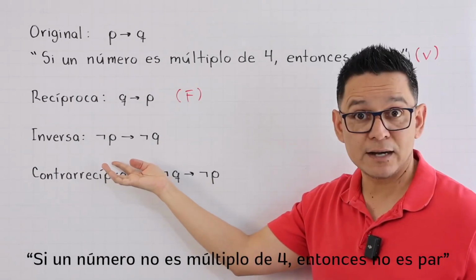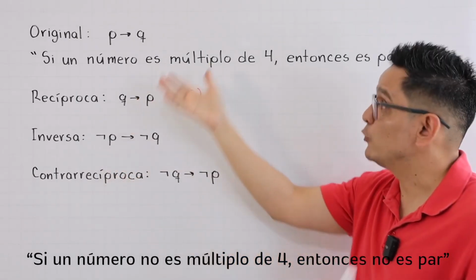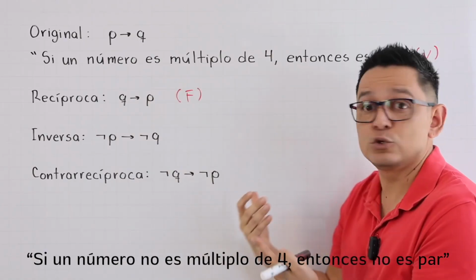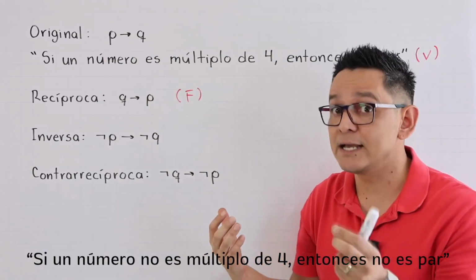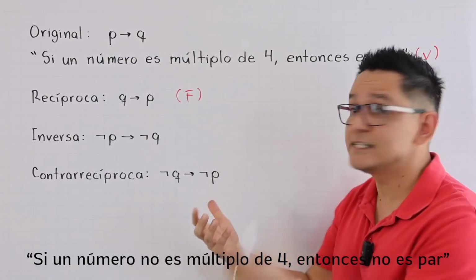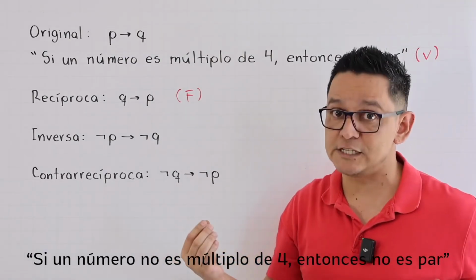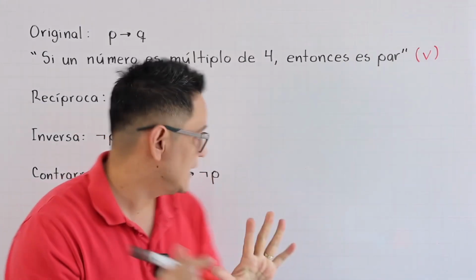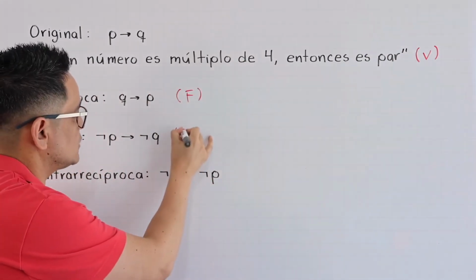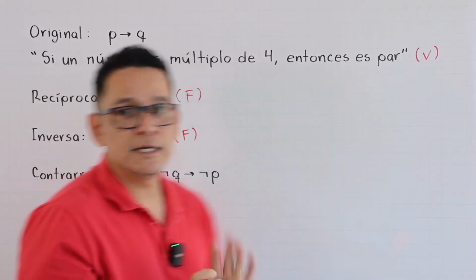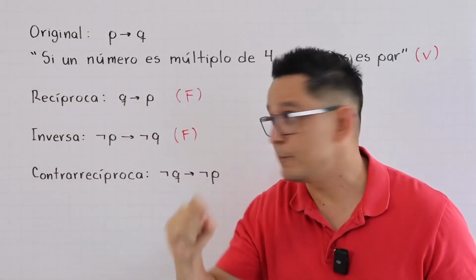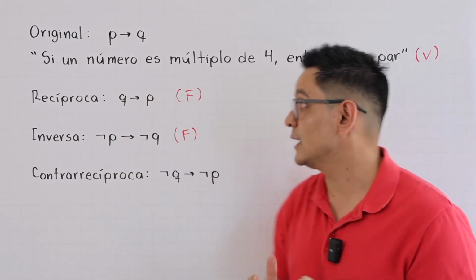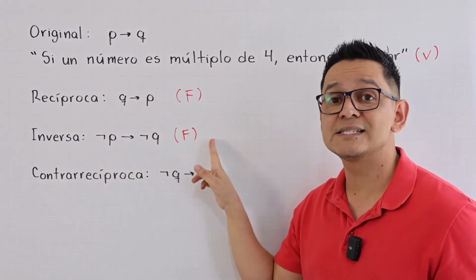Yes, it is even. And here it says that if a number is not a multiple of 4, then it is not even. So this proposition is going to be false, and the example is 10, because 10 is not a multiple of 4, but it is even. Therefore, this proposition will also be false. Analyze it a little, because I know this might confuse you. If necessary, write down the proposition exactly as I'm telling you, so that you can verify that this proposition is going to be false.